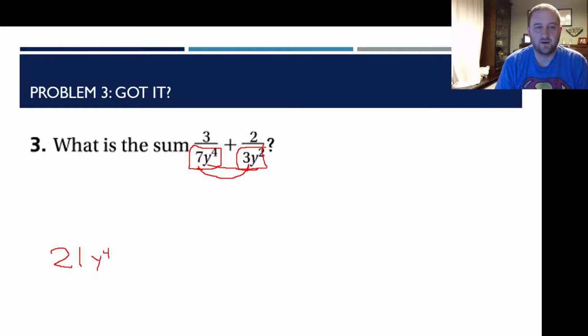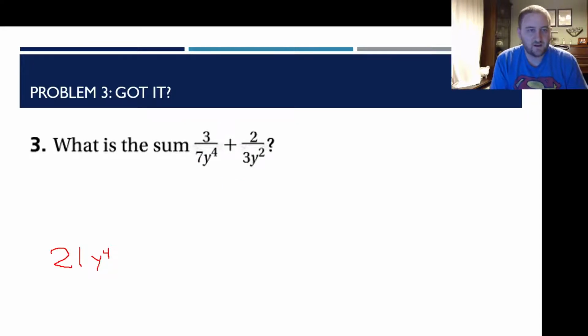All right, so we have to figure out what we're going to multiply each one by. So this first one, 7 needs to be multiplied times 3 to get 21, and then y to the fourth doesn't really need to be multiplied by anything to get to y to the fourth. So this one we're going to multiply times 3 over 3.